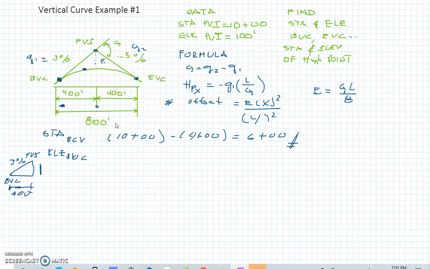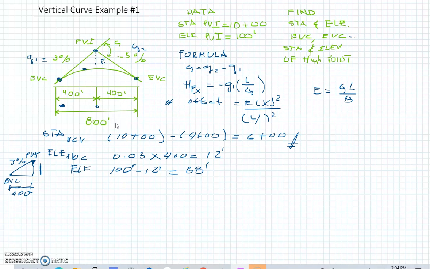I need to find how many feet go from the PVI to the BVC. I multiply 0.03 times 400, and this is 12 feet. Now I know the PVI elevation is 100, so I subtract this 12 feet from 100 feet, and that gives me 88 feet, and this will be my elevation.